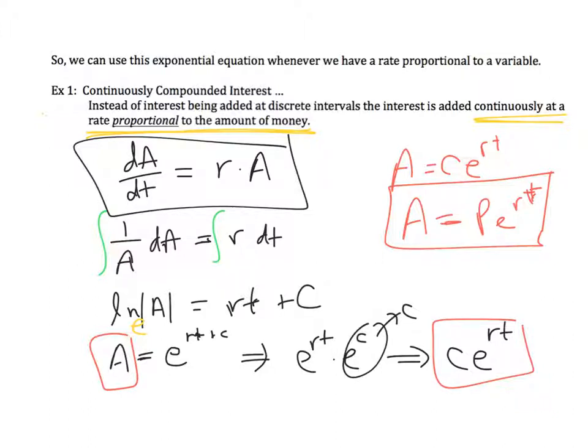I'm just kind of showing you where these formulas come from. I'm going to go ahead and pause the video and start a new video, just so this one doesn't become too long, and we'll get to what if I have extra information, then I can actually write a particular solution instead of just the general solution.